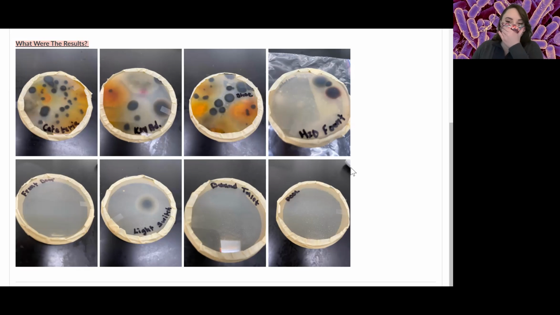Water fountain. What do we think about that? What do we think about the water fountain? Yeah, Michael. So the water fountain is my favorite story to tell. 2 years ago, we swabbed a water fountain.